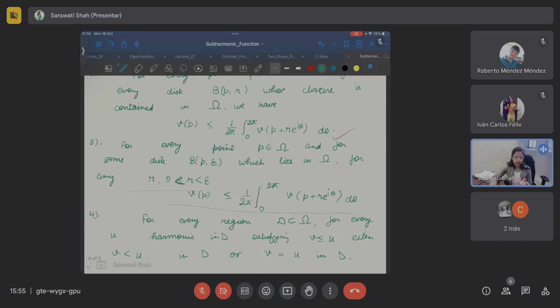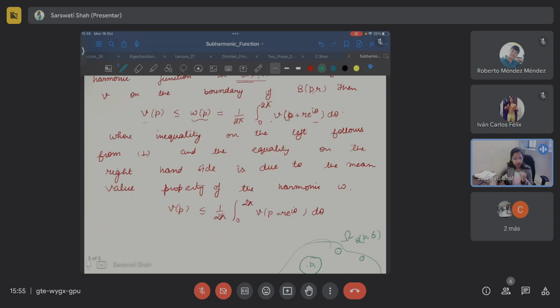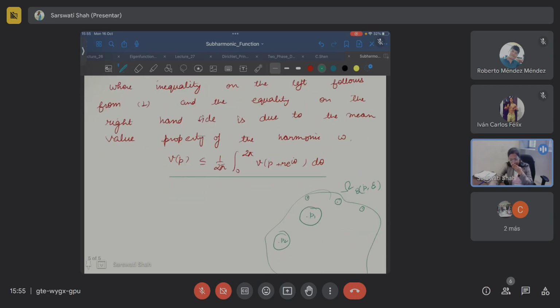So the same thing, what you will do, you will choose the closest point nearby to its boundary and you will choose the smallest epsilon, and then this property will satisfy because of the mean value property and the property 1. And then you can vary epsilon from the closest point to the largest point, like you can define a big radius, and this will hold.